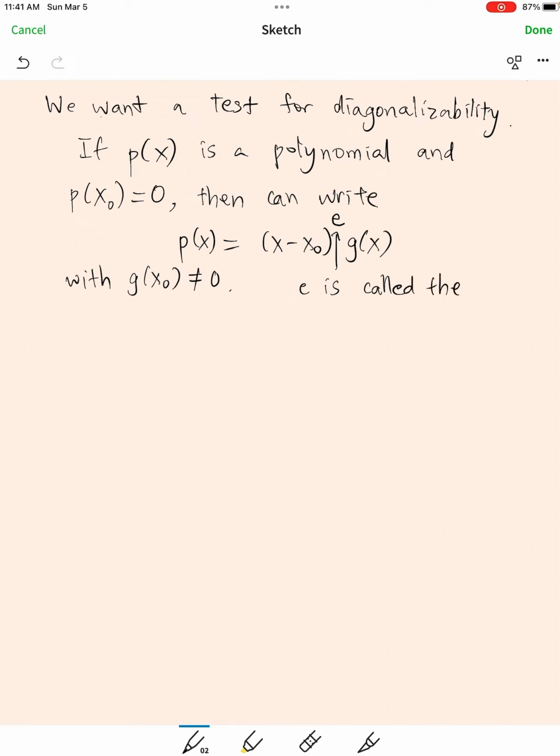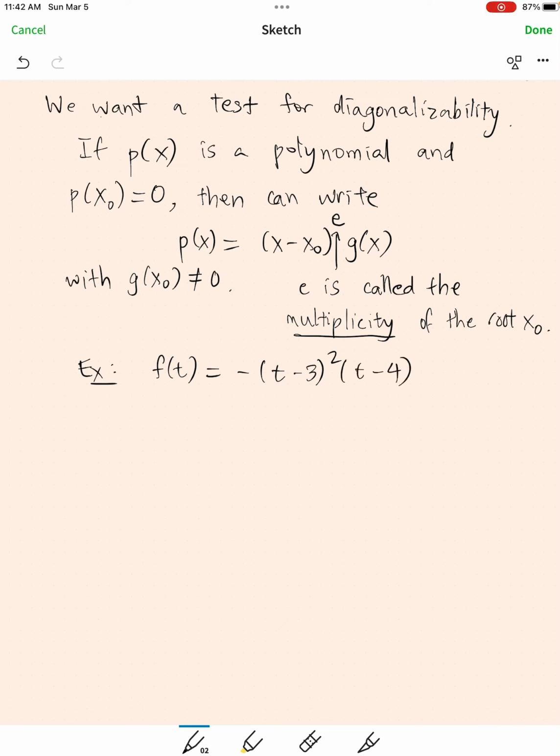Okay, so that number e, that's called the multiplicity of the root x0. Right, so for instance, let's just do one example. Let's say that you have f(t) is negative (t minus 3) squared times (t minus 4).